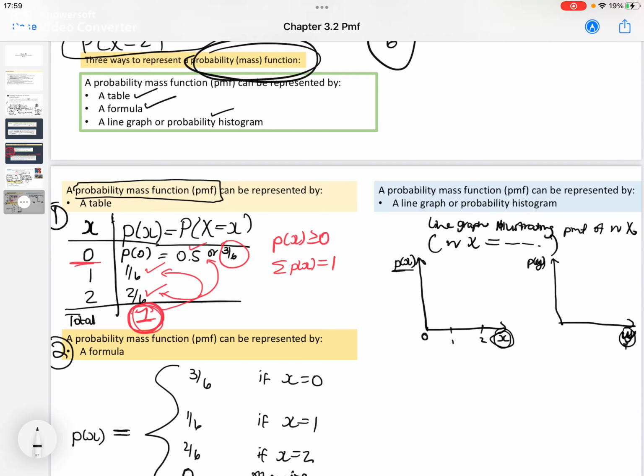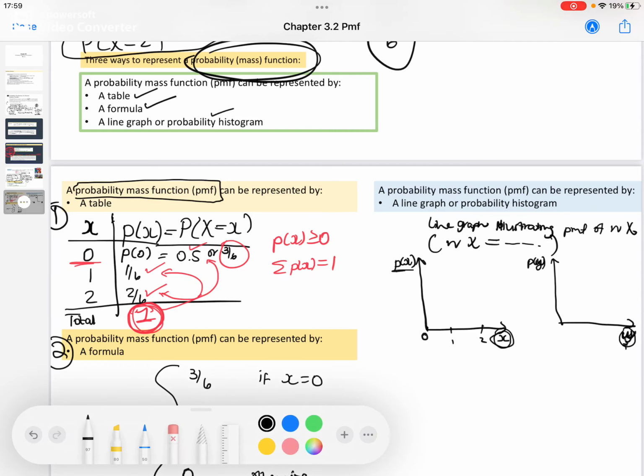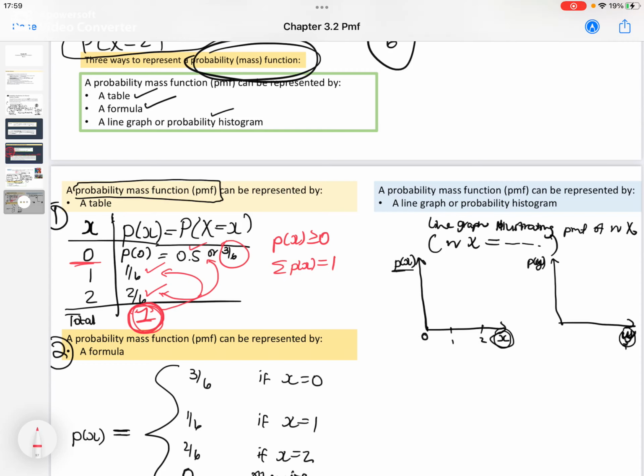Now for a line graph, you will draw lines for probabilities that correspond to your possible values of random variable X. So we see that if you observe x equal to 0, then the probability for that is a half, so we have 0.5.